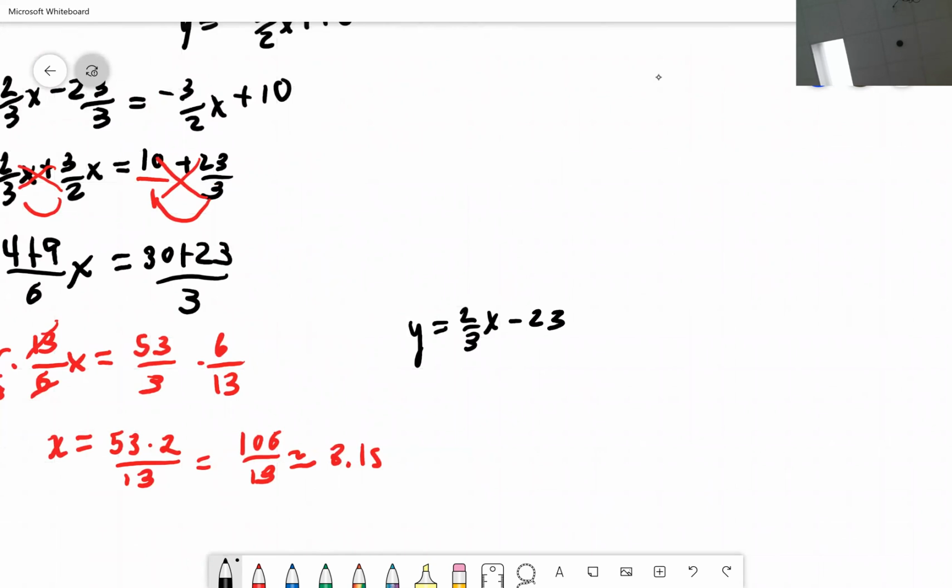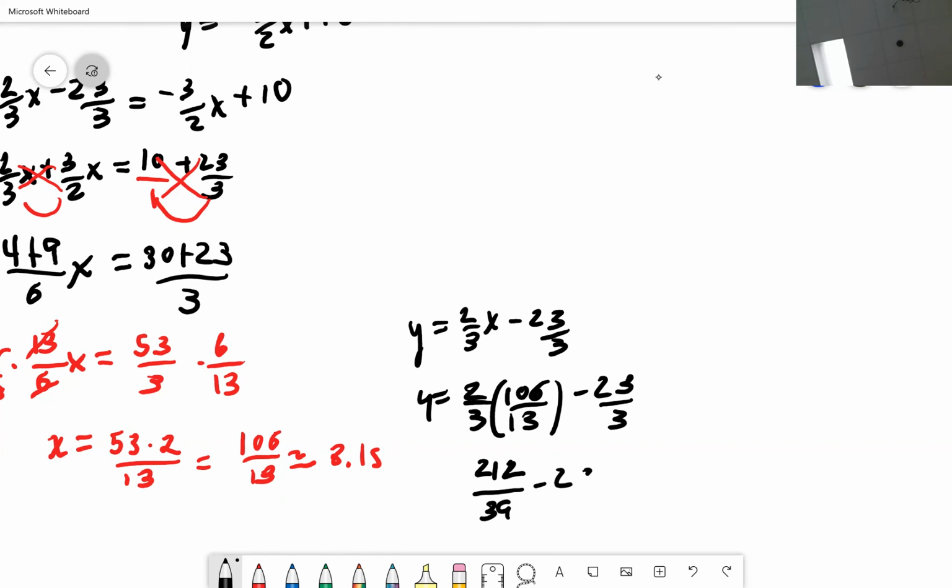So y equals 2/3 times 106 over 13 minus 23 over 3. So 106 times 2 is 212, divided by 13 times 3 is 39, minus 23 over 3.